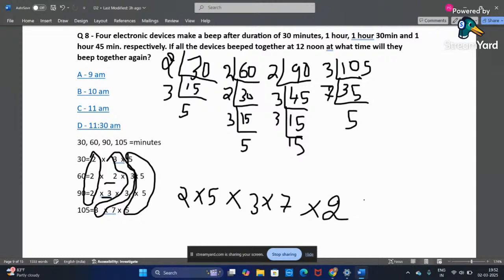Write it down: 2 into 3. These are the remaining factors. So multiply all this: 2 into 5 into 3 into 7 into 2 into 3.